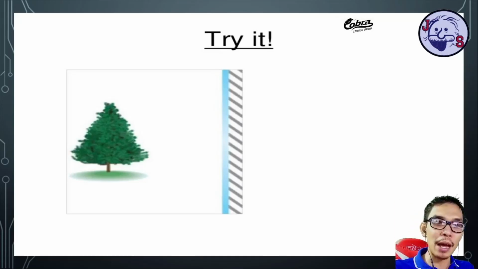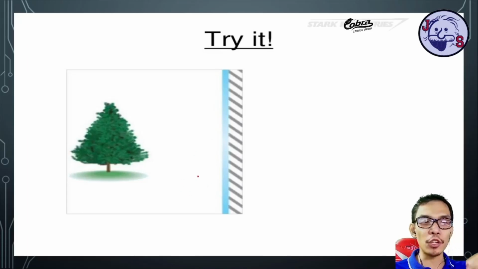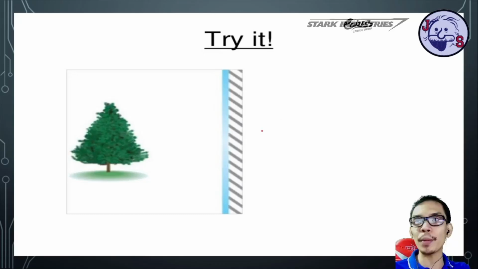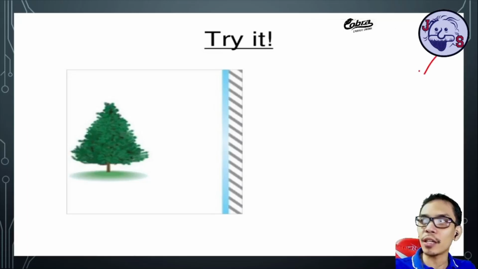Pardon me, guys, for doing this because I don't have a ruler. But in your ray diagram, all the lines should be straight so that you will avoid confusion in forming the image on the other side of the mirror.